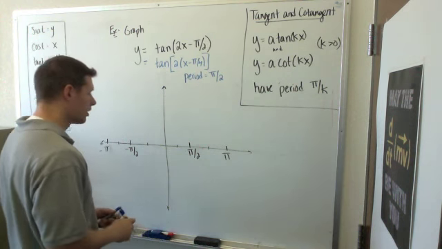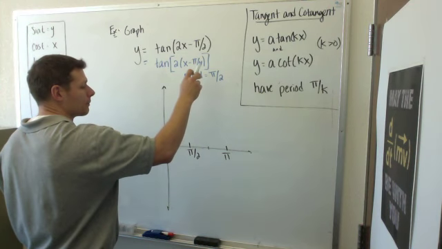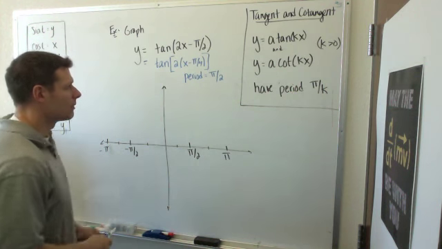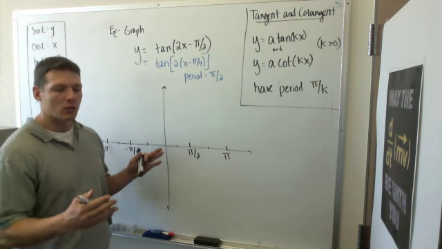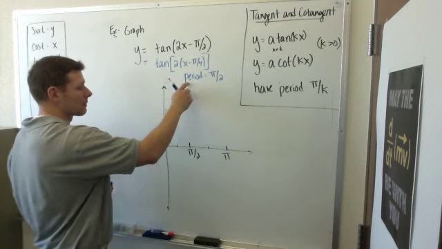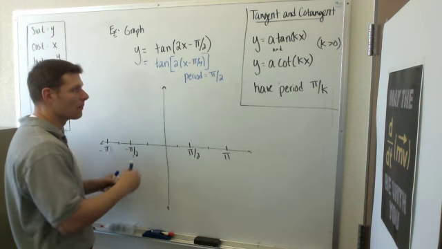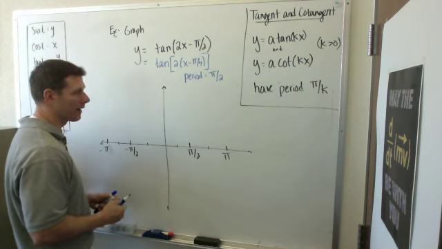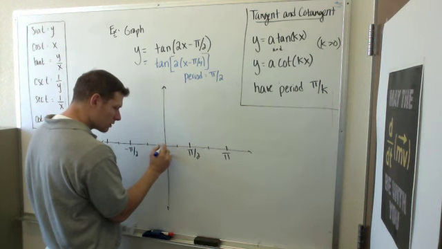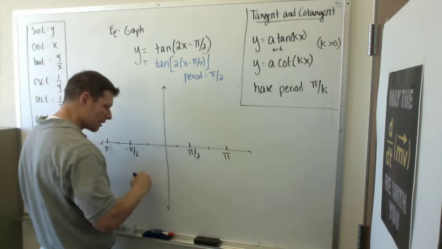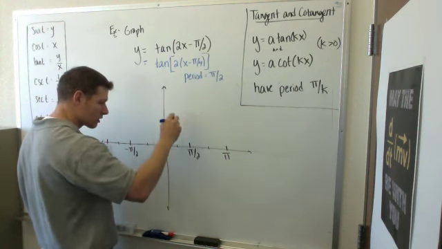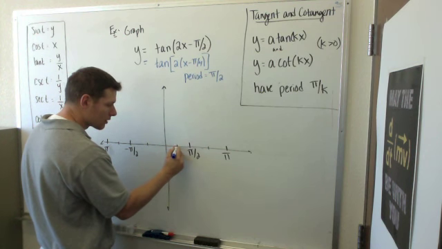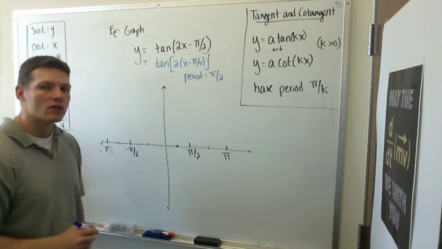Now we know what the normal graph of tangent looks like. It goes through that point 0, 0. But now what we're doing is taking that and compressing it into something that has a period of pi over 2, but we're also shifting it horizontally to the right pi over 4 units. So instead of having 0, 0 as the point where the graph changes from concave up to concave down, we're going to have it at pi over 4, 0 now.